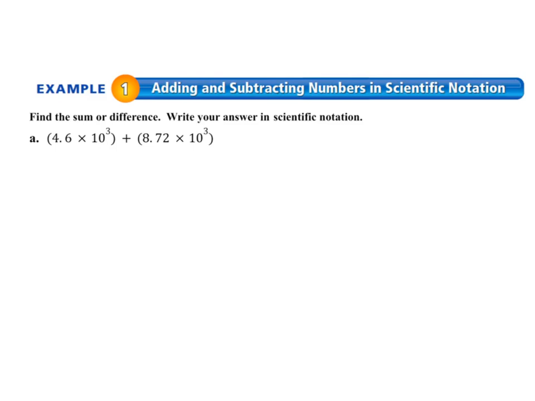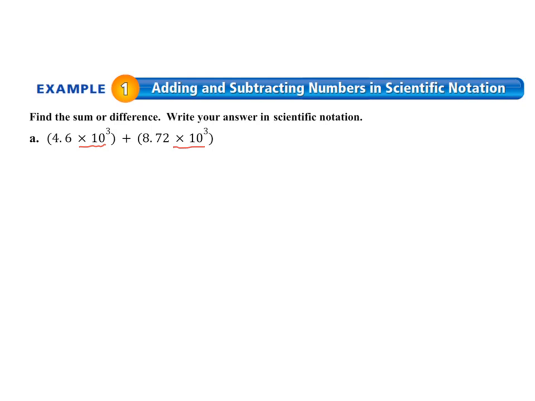So here we have 4.6 times 10 to the third plus 8.72 times 10 to the third. Because our operation in the middle is different than in multiplying and dividing, we can't use some of the same tricks. What we have to do is ask, what do these two numbers have in common? They are both being multiplied by 10 to the third.